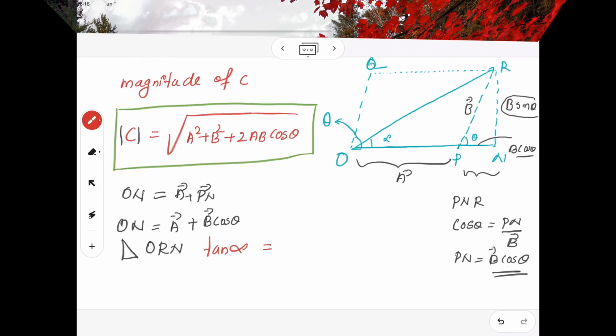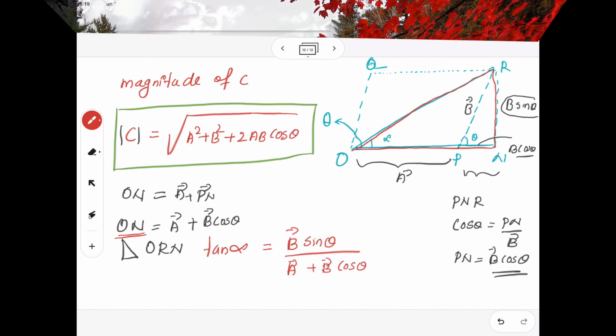In this big triangle, the opposite side is RN, which is B sin theta, divided by the adjacent side ON. ON I already found, which is vector A plus vector B cos theta.